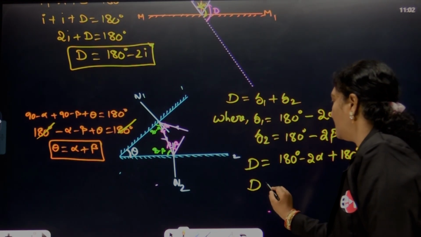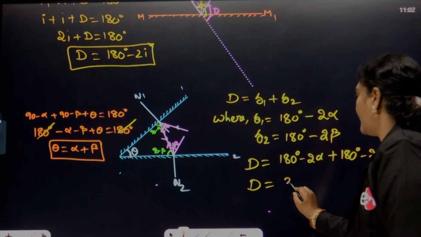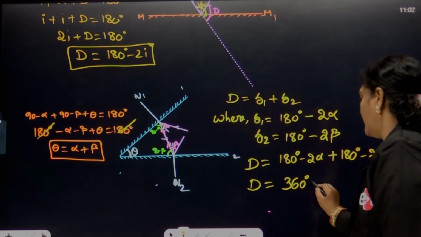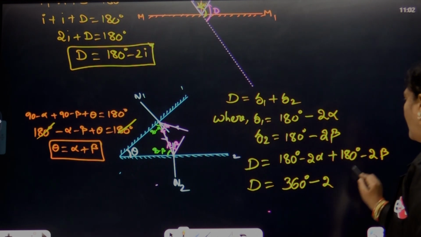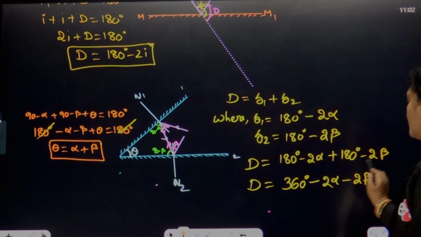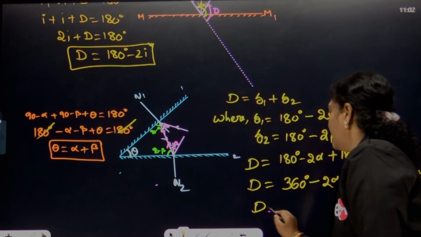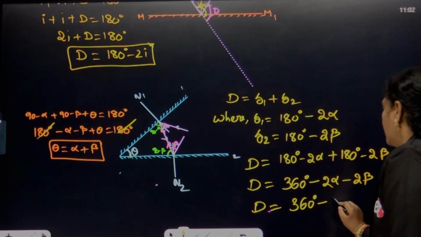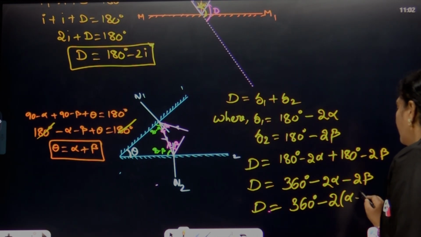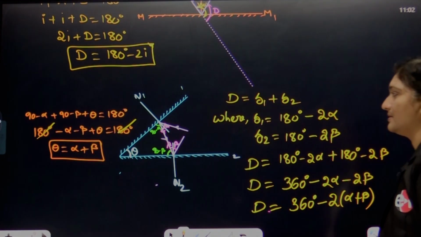Or D can be written as 180 plus 180, which together is 360 degrees, minus 2 alpha and minus 2 beta. So finally, D can be written as 360 degrees minus 2 times, taking 2 common, you are left with alpha plus beta.